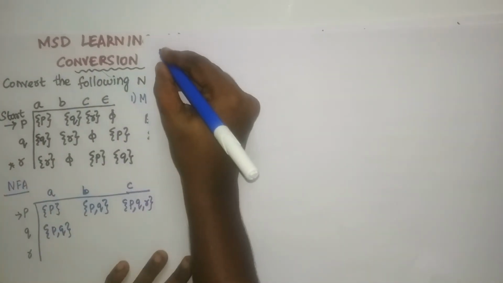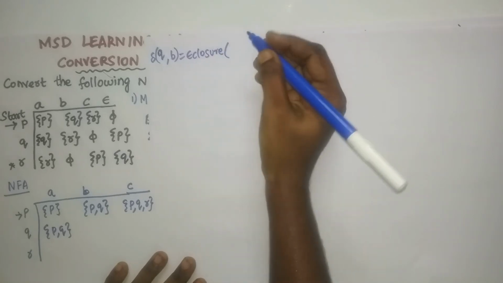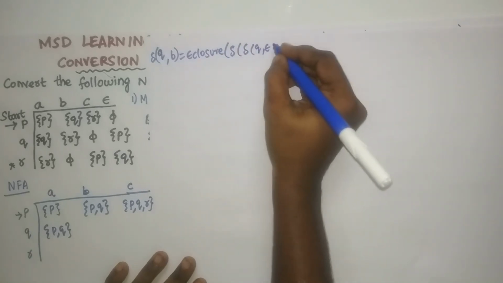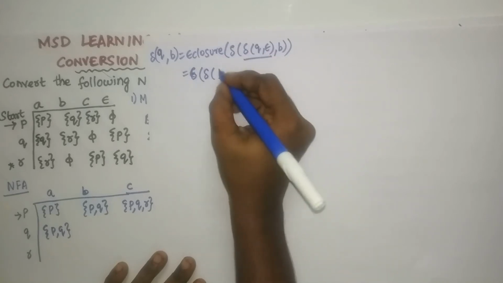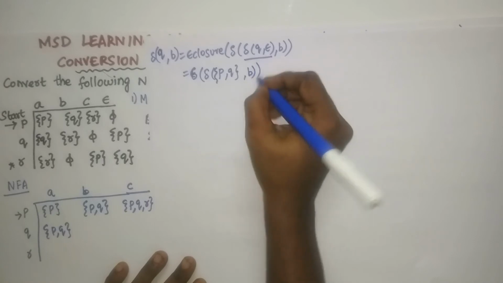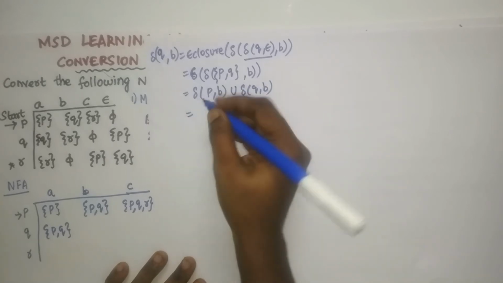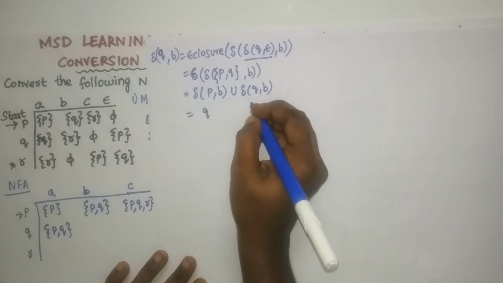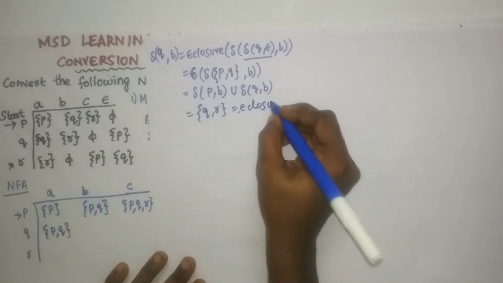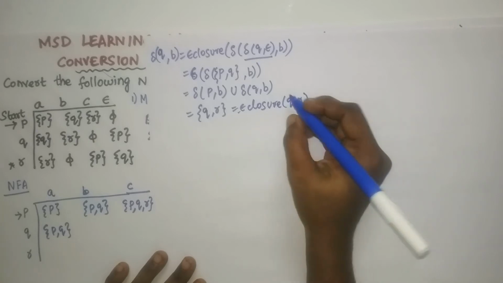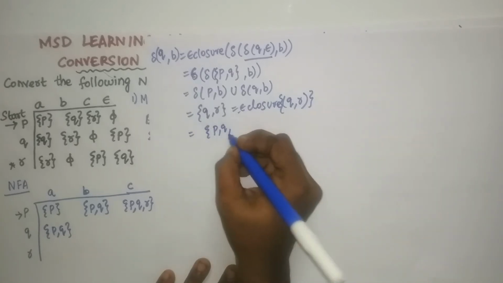So here the next step is for (Q, B), that is δ'(Q, B), which is equal to epsilon closure of δ(Q, epsilon, B), which is epsilon closure of Q. So here it is δ({P, Q}, B), which is equal to δ(P, B) union δ(Q, B), which is equal to (P, B) is Q and (Q, B) is R. So epsilon closure of {Q, R} is epsilon closure of Q and epsilon closure of R, taking union, which will be equal to {P, Q, R}.